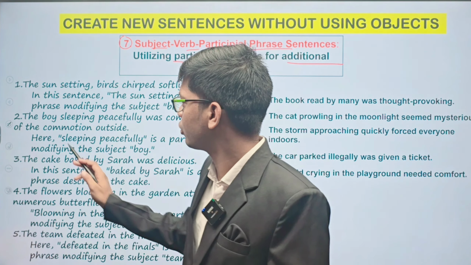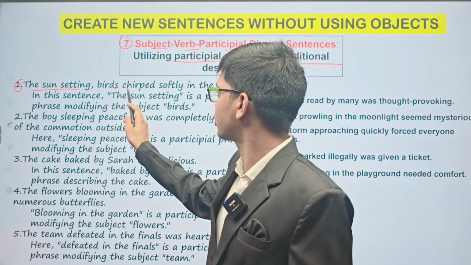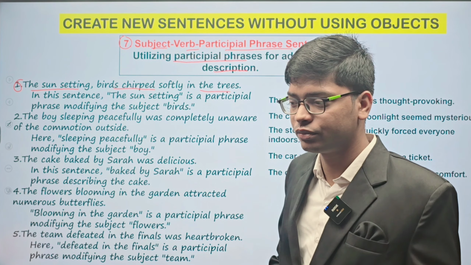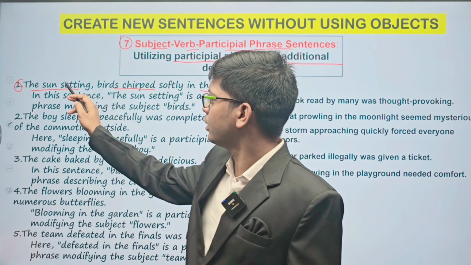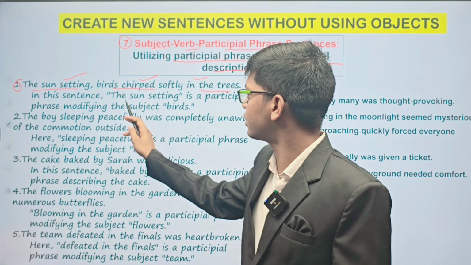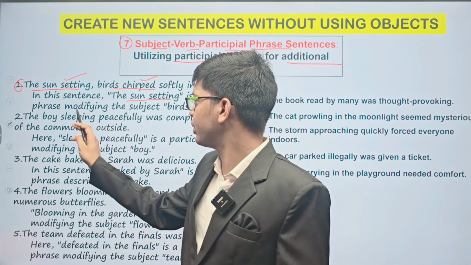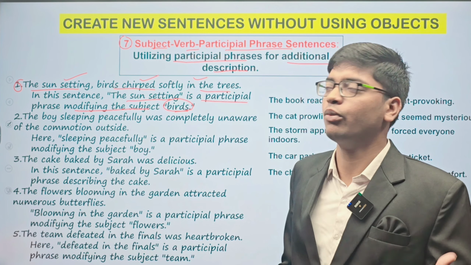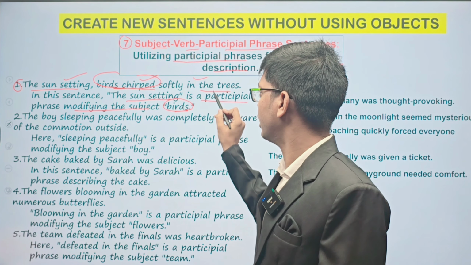Let's see examples. The first example: "The sun setting, the birds chirped softly in the trees." In this sentence, "the sun setting" is a participle phrase that modifies the subject, and the birds chirped softly in the trees.